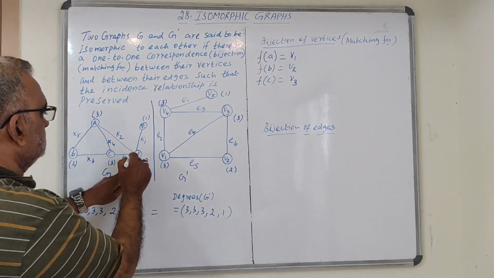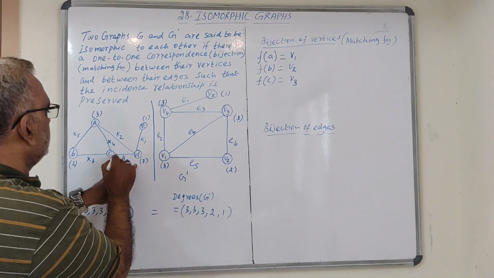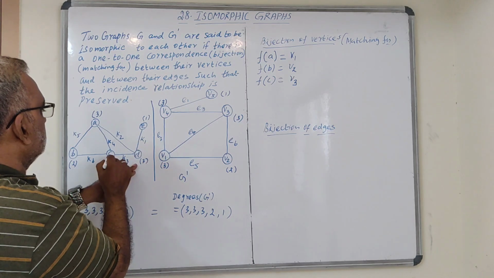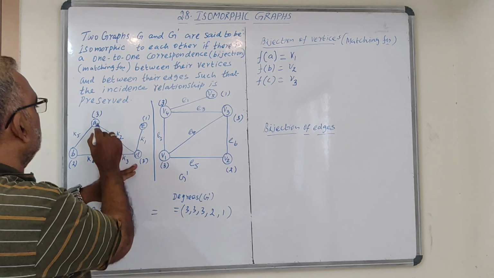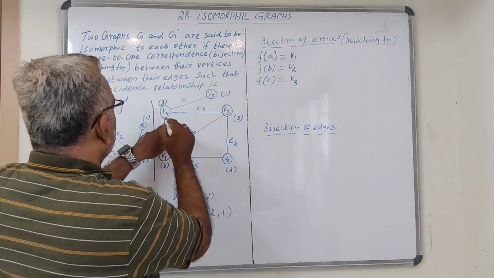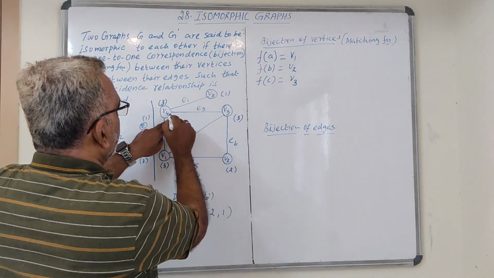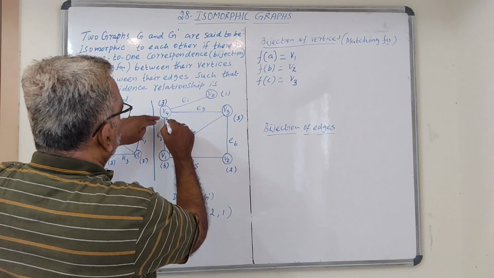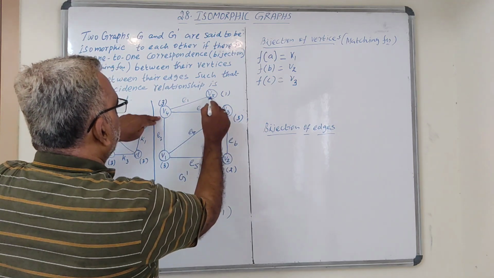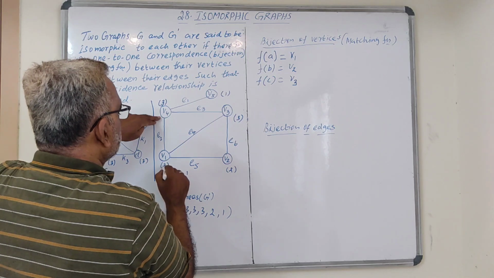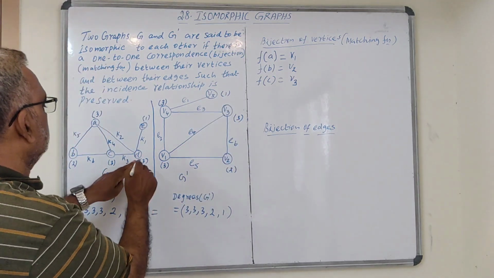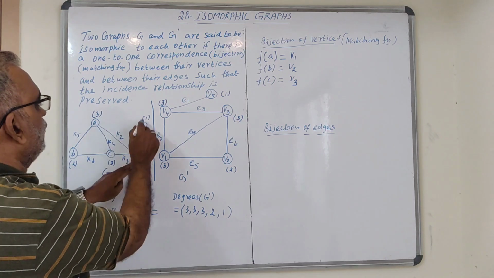Similarly, for D, D is connected with C, A and E. So their degrees are 3, 3 and 1. Now we can compare this with V4. V4 is connected with V1, V3, V5. So their degrees are 3, 3, 1.